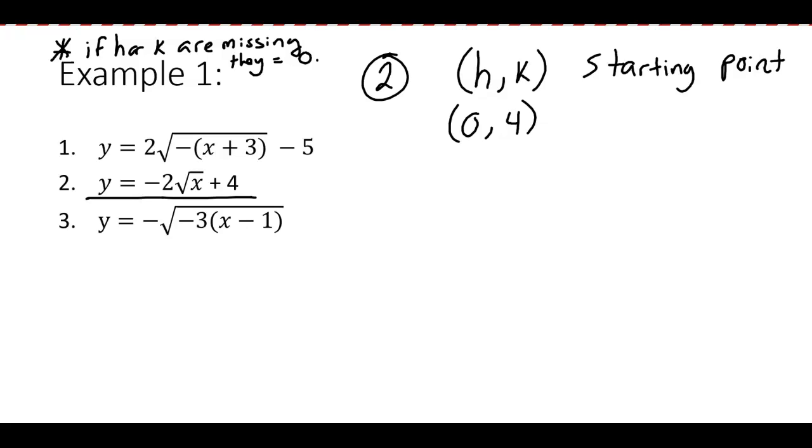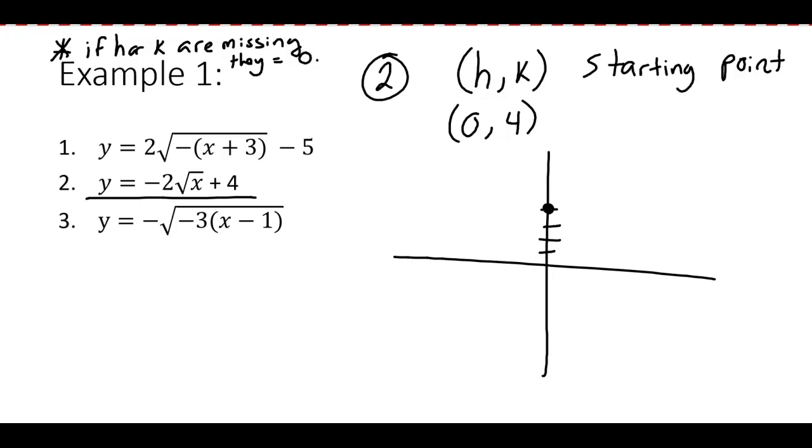And so that means the h is 0. This is a k because it's outside the square root. So my starting point would be 0, 4. Let's graph that point. If h or k are missing, they equal 0.